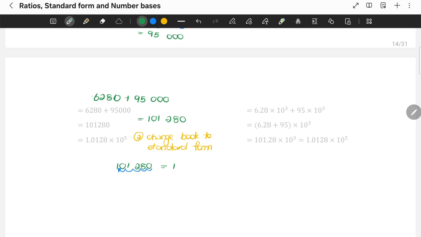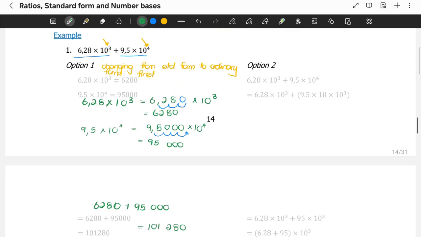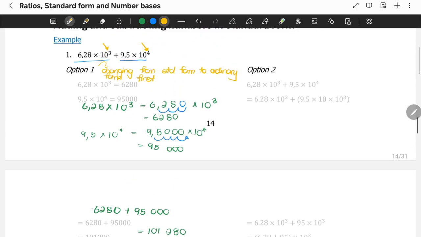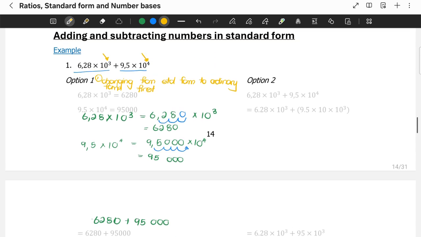And that's going to be 1.0128 times 10 to the power 5. So this is one of the methods where you first change from standard form to ordinary form, then do the computation, whether it's subtraction, addition, multiplication, or division, and then change it back to standard form after you found the answer.